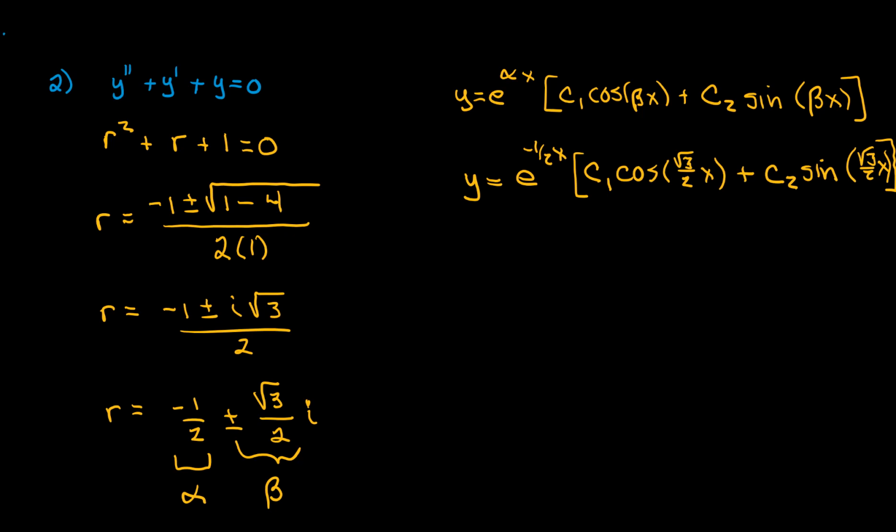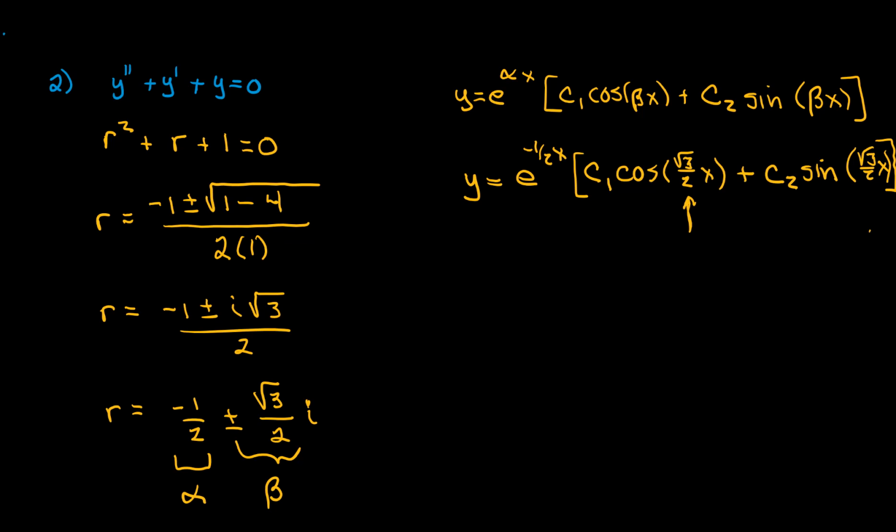Now, you may be thinking, well, wait a minute here. This could be a positive or negative square root of 3 over 2 in this cosine. But if you remember back to your rules with trig functions, cosine of positive x is equal to cosine of negative x. So it doesn't matter in that term whether we wind up with plus or minus.